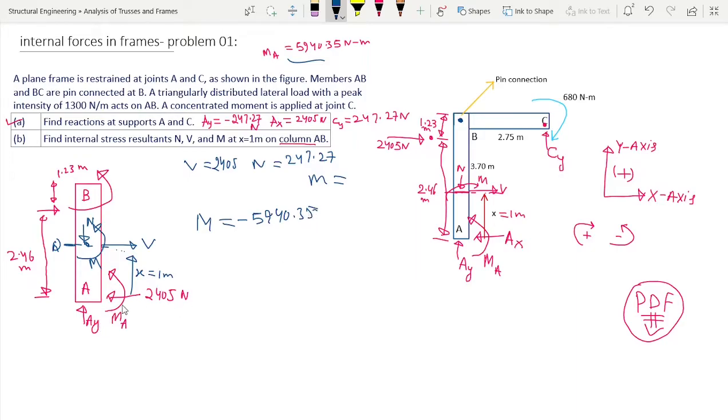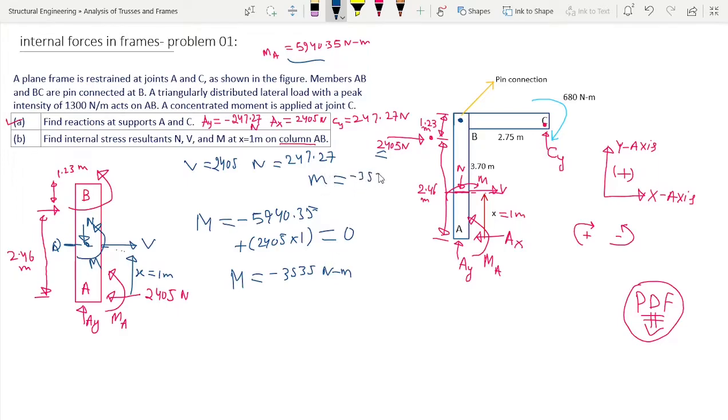Now this 2405 imposes clockwise movement, so it is positive: plus 2405 multiplied by 1, since we are finding at x equal to 1 meter. Is there any other moment? No, so this is equal to 0. When you solve this, you will get minus 3535 Newton meter. So we also find this moment.